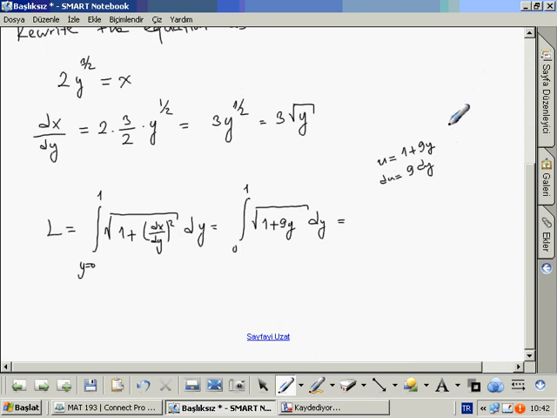When you use this substitution, you will obtain 2 over 27 times (10 times the square root of 10 minus 1). So this is the total result of the curve length.